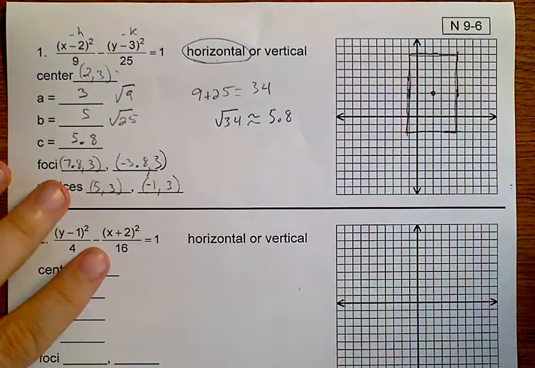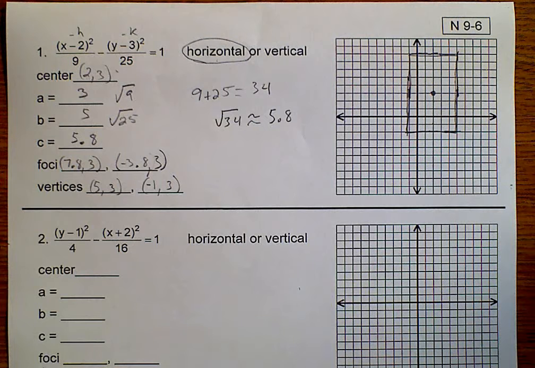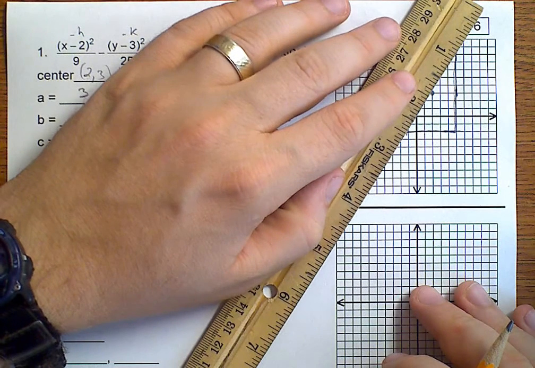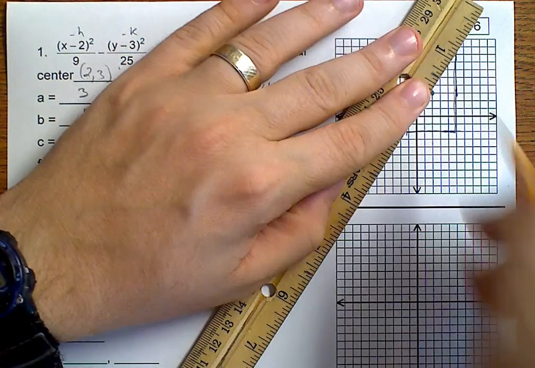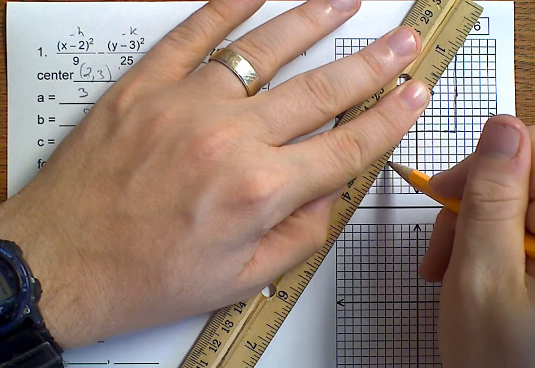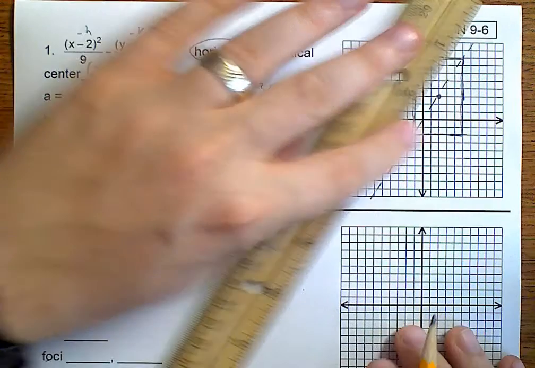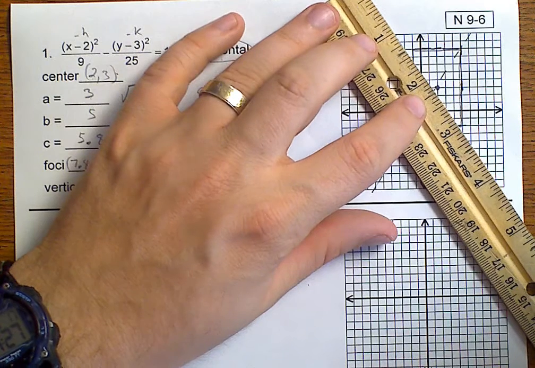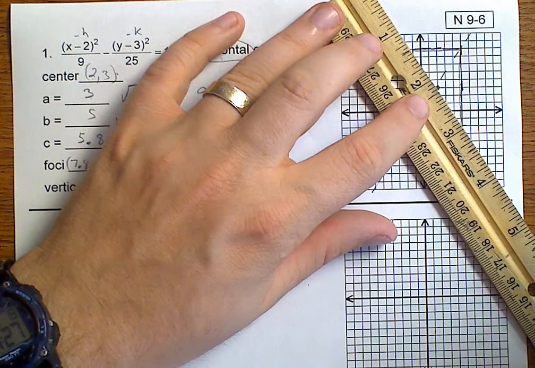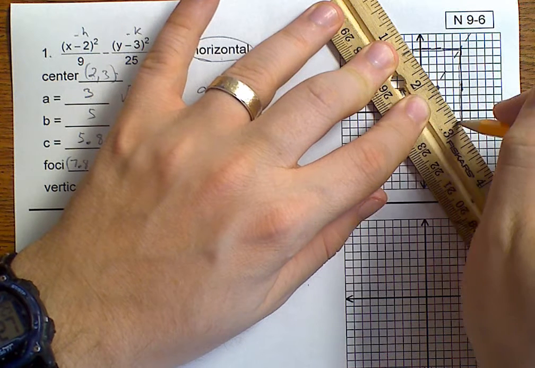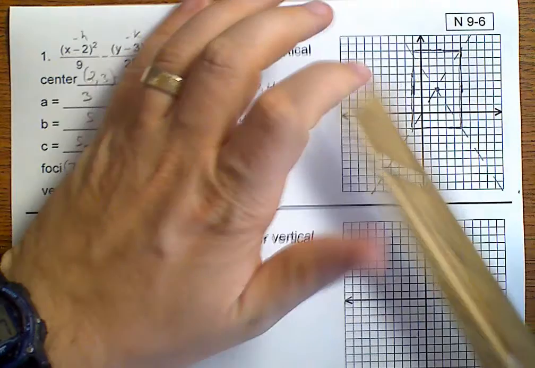Now, from my box, I need to draw my two diagonals, so I'm going to get a ruler. And we draw our asymptotes.